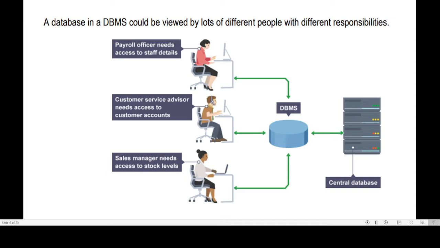So, this database provides different data according to the user requirements. For example, you may have a payroll officer who needs to access staff details, or a customer service advisor who needs access to customer accounts. A sales manager needs access to stock levels. So the DBMS will provide only those particular data according to the user requirement.